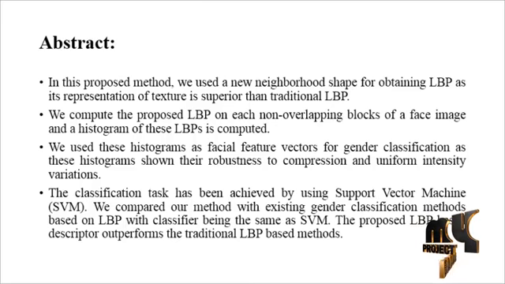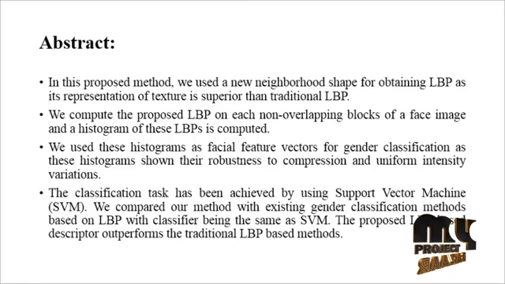Local binary patterns, that is the LBP, are known to have good texture representation properties. Through this paper, we present a variant of local binary pattern for gender classification which can discriminate facial textures effectively. In this method, we used a new neighborhood shape for obtaining the LBP, as it represents the textures superior to the traditional LBPs.